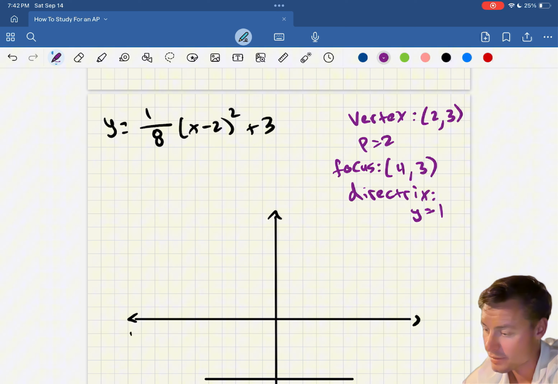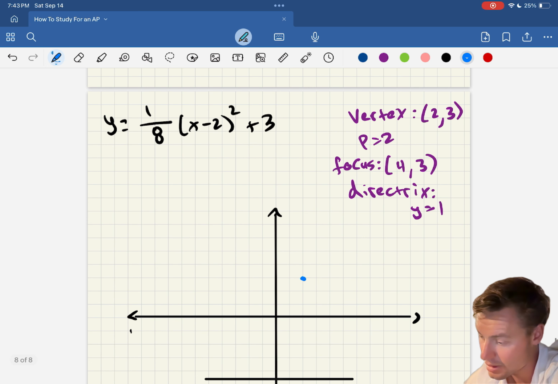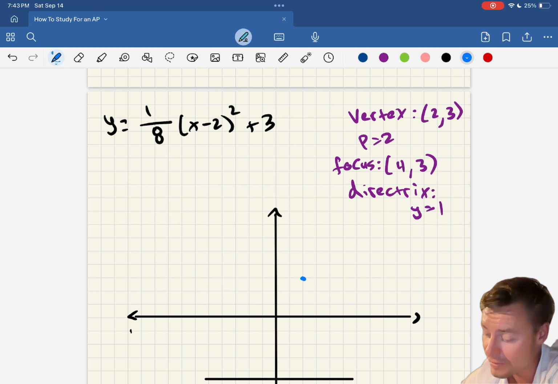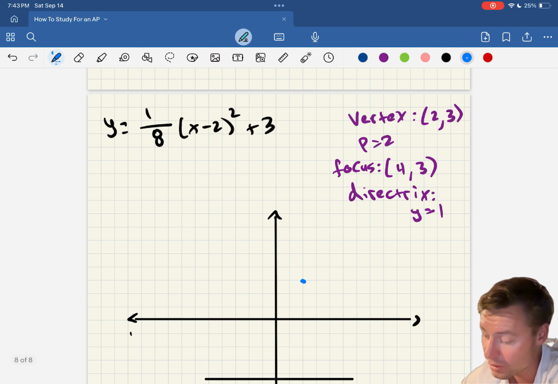All right, so let's do our vertex first. Our vertex is at over 2, up 1, 2, 3. Our focus is at over... Oh, I messed something up on the focus. Great, good. This is excellent. I'm showing you now. So if my focus was at 1, 2, 3, 4, comma 3, that wouldn't make any sense. That would mean my parabola was facing right.